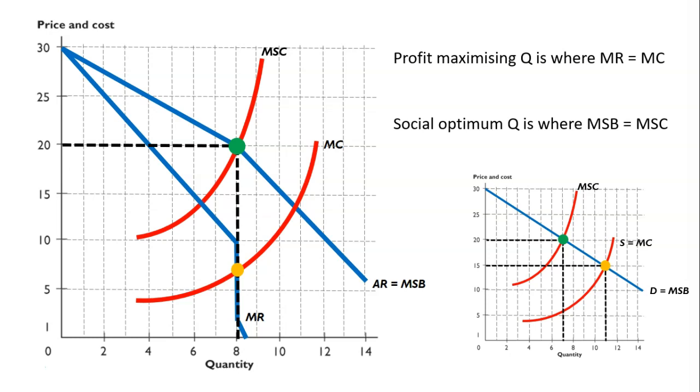But in this example which we've looked at, this oligopolistic market in which there is a kink in the demand curve, the socially optimal price and quantity is identical to the private profit maximising price and quantity.